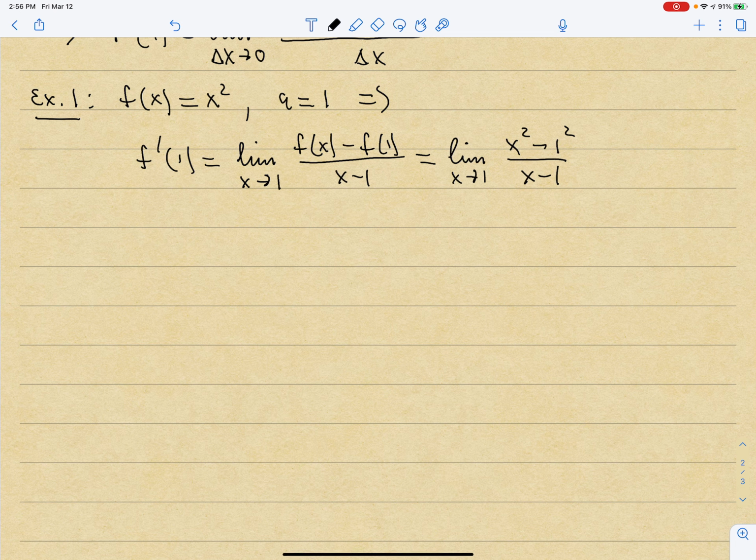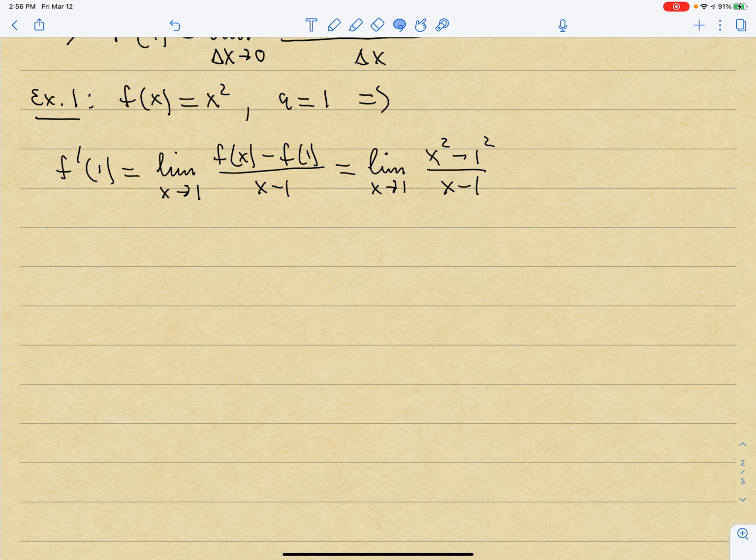Now, x squared minus 1, well, first of all, if x goes to 1, top and the bottom both go to 0, so you get an indeterminate form. So what you would need to do is first you would need to simplify and then use the properties of a limit. So, same as a limit when x goes to 1 of x minus 1 times x plus 1 over x minus 1. x minus 1 cancels out.